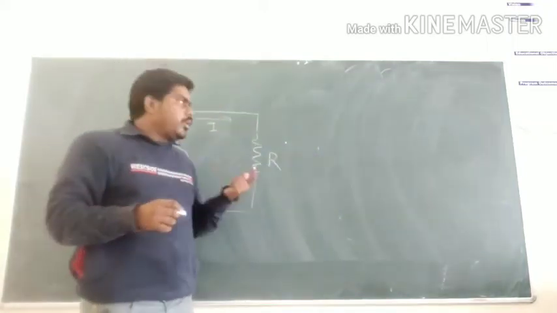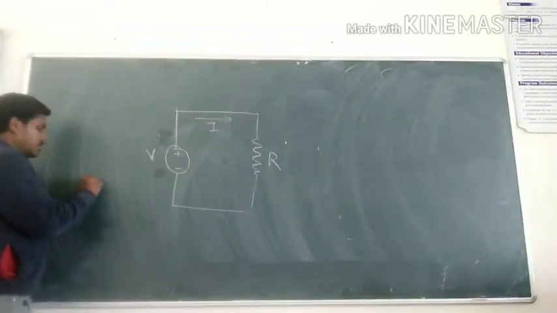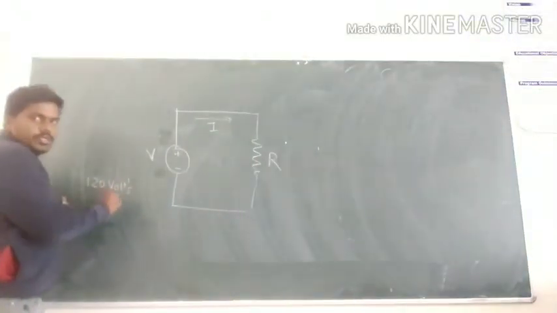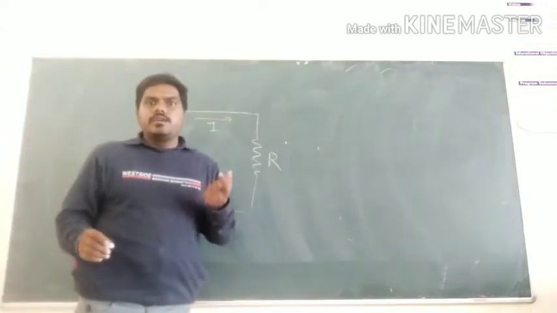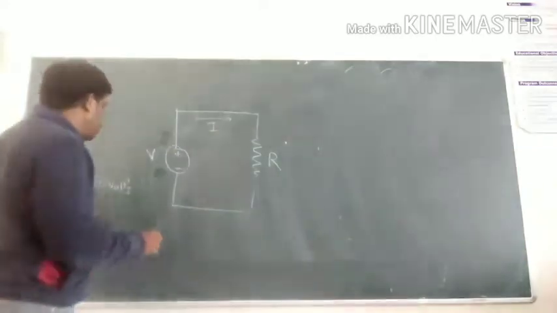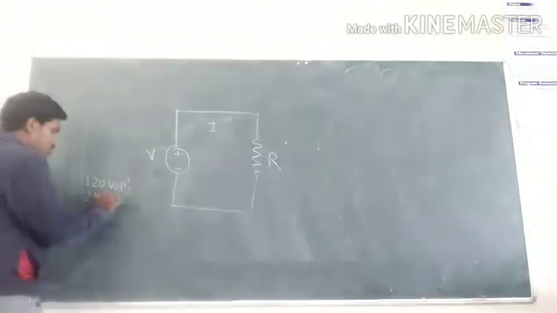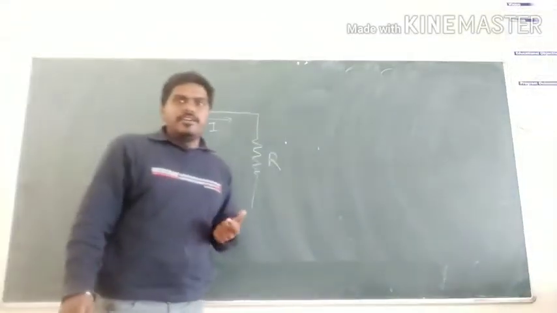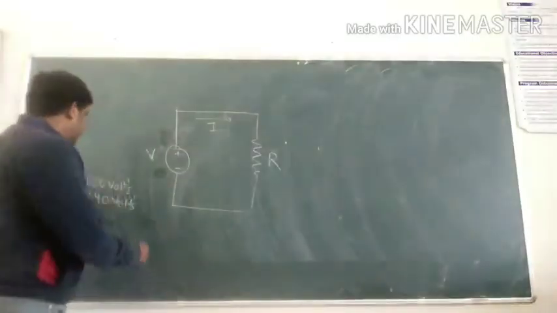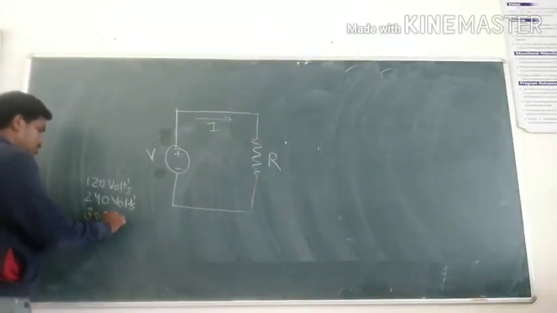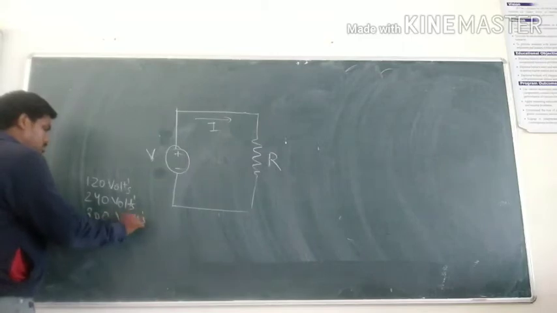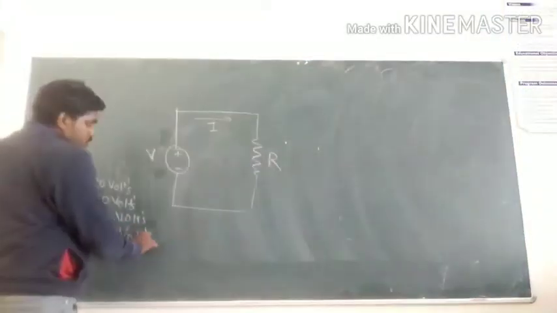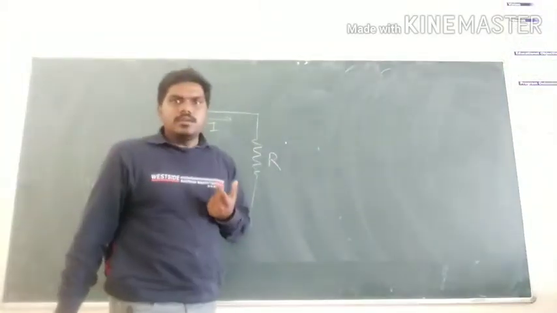For example 120 volts, then 240 volts, then 300 volts, 400 volts or 430 volts. So this is the voltage range.